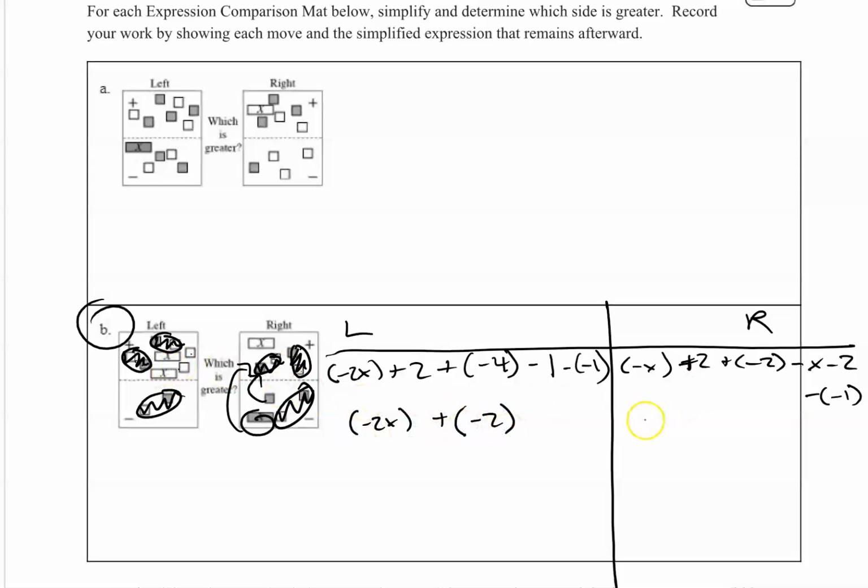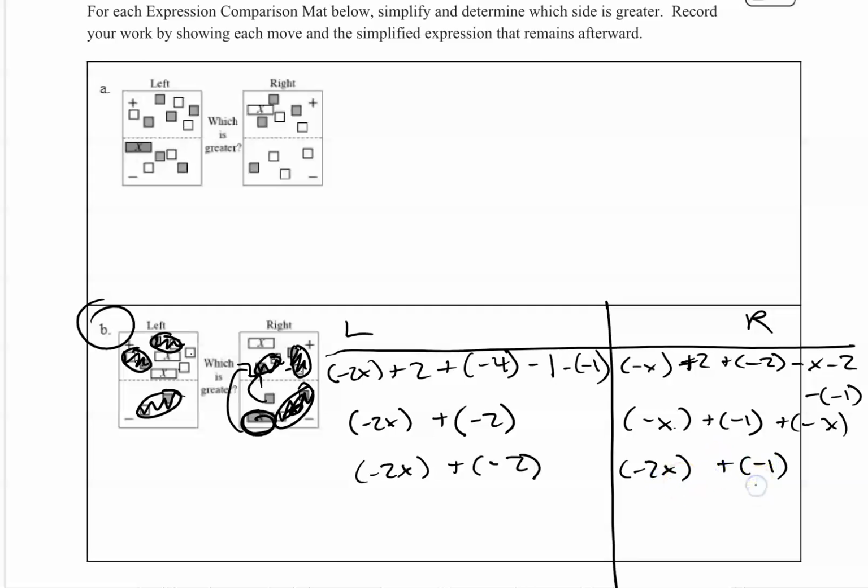And on the right side, we've got -x plus -1, because that flips upside down. And I'm sorry, this x tile is not a zero pair, so that comes up too. That's plus -x. So combining like terms one more time, we've got -2x plus -2. On the right side, there's going to be 2 -x tiles, and here we go.